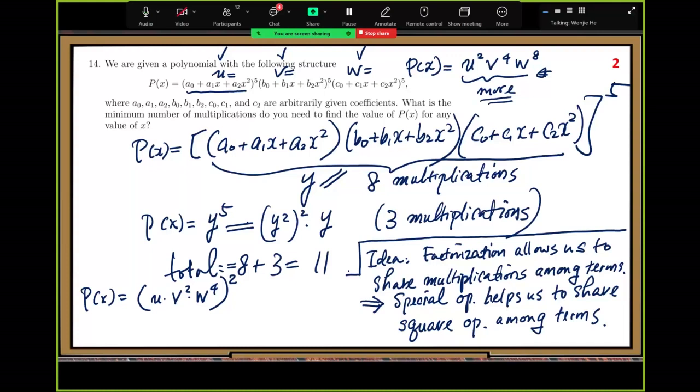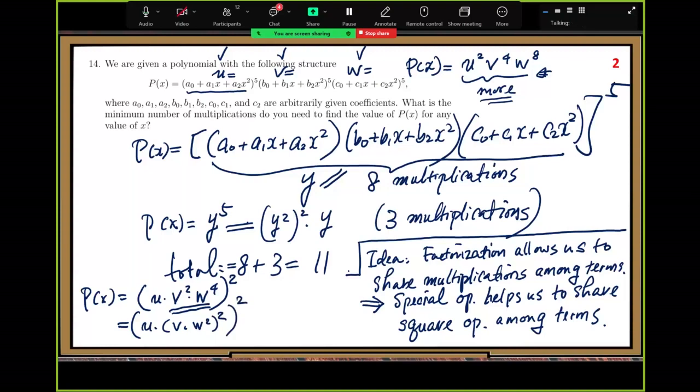Then if we look at these two operands, we have second round square sharing, right? So let's do second round square sharing: U times V times W squared, common square. How about that?